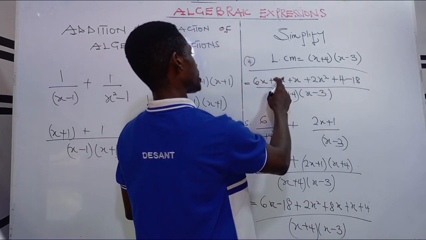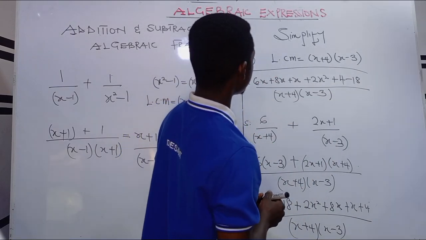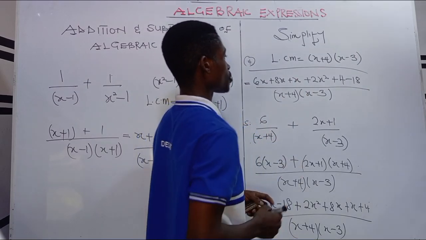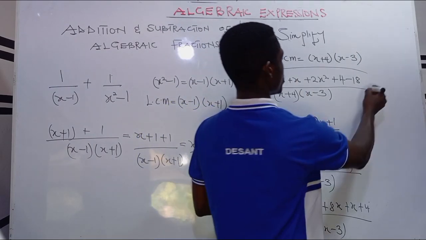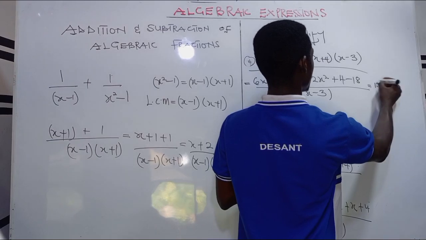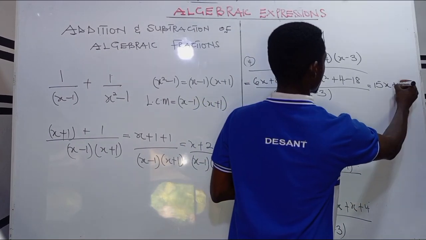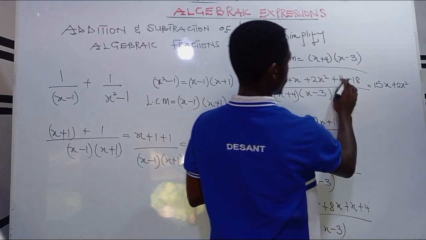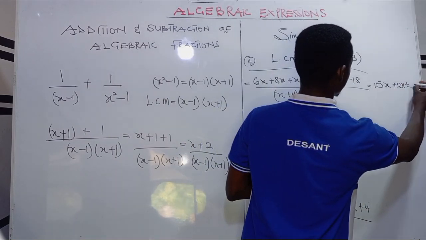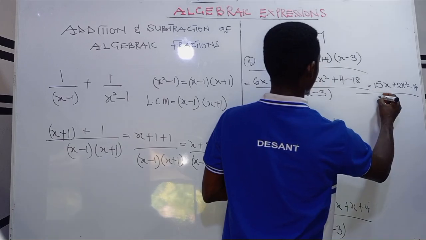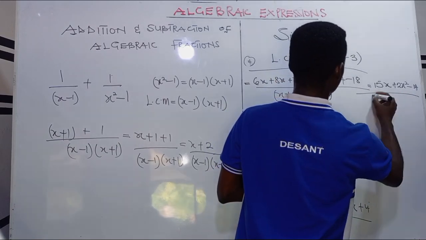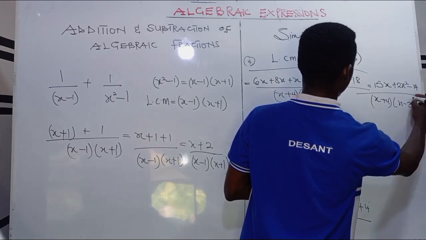So 6x plus 8x will give us 14x. Plus x will give us 15x. Then we have plus 2x squared. Then 4 minus 18 will give us minus 14. All over the LCM, x plus 4, x minus 3.